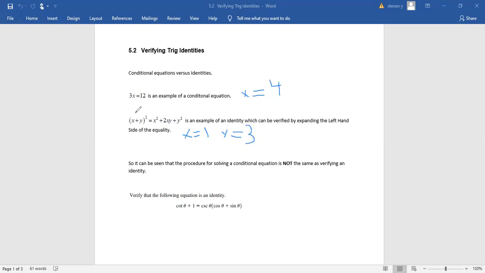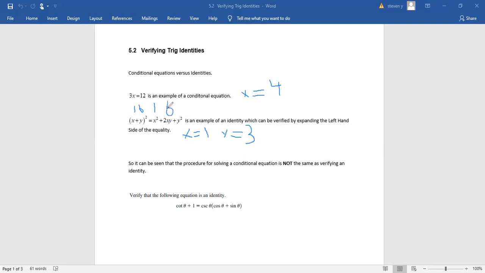So if you put 1 and 3 right there, that's 4 squared, right? So this left-hand side would be equal to 16. Now, if you go over here to the right-hand side, you put 1 in here. 1 squared is just 1. 2 times 1 times 3 would be 6.